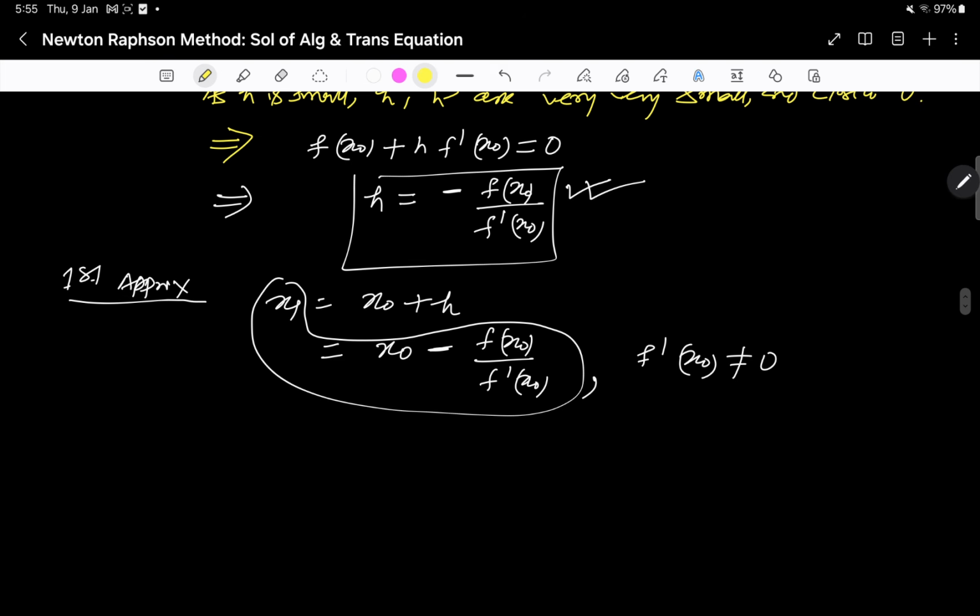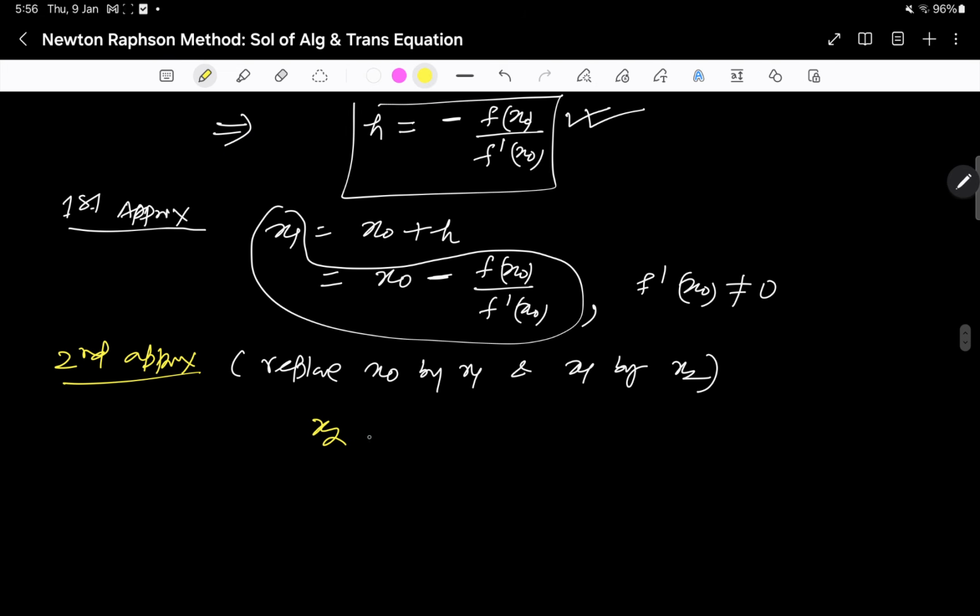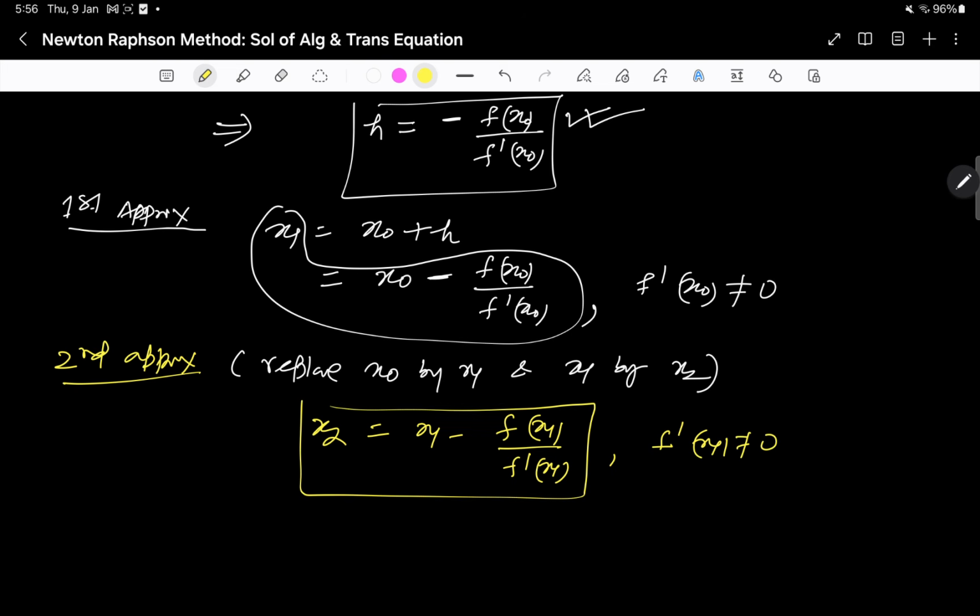Likewise, talking about the second approximation, you just replace x0 by x1 and x1 by x2. Then you get x2 equal to x1 minus f(x1) by f'(x1), provided f'(x1) is not equal to 0.